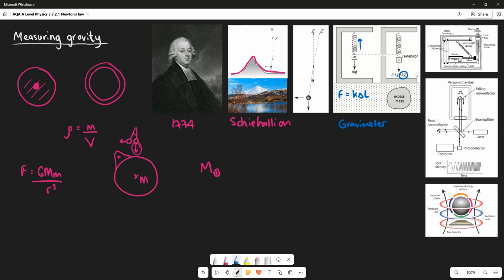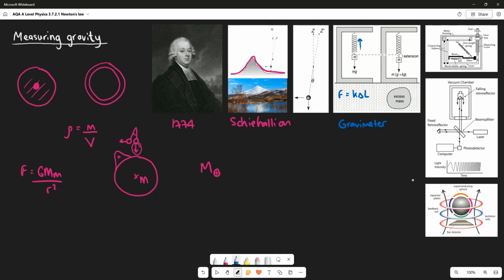Gravity actually changes slightly across the surface of the Earth due to submerged features like mountains, which would actually reduce the pull of gravity. So here we have a spring system. This is a more detailed diagram of how that works, but this is essentially the basics.